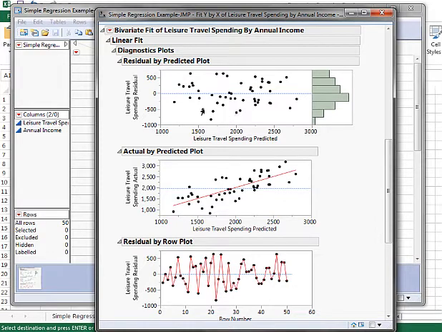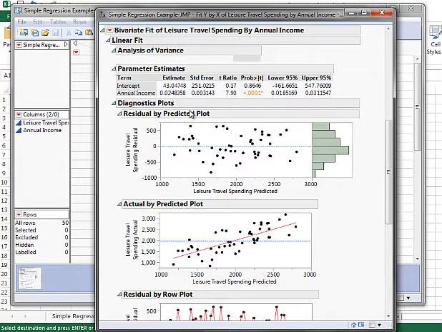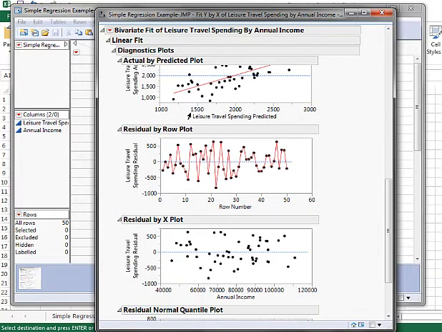A random distribution of these points around the 0 line means that we have no bias in our model. For example, errors are not concentrated on the positive or negative area, or errors are not much larger on one side, on the larger side, or on the smaller side of the predicted value.